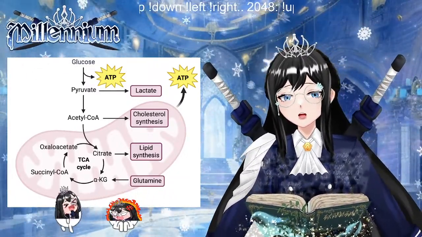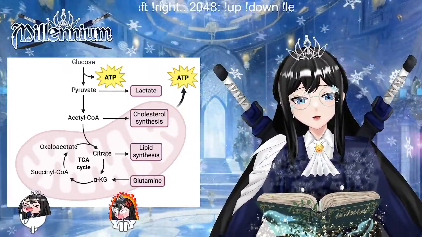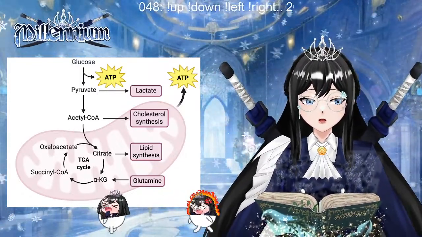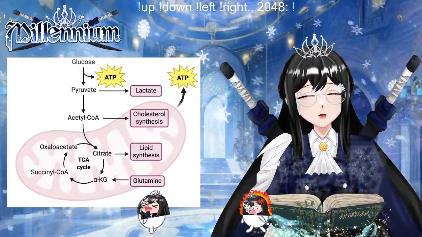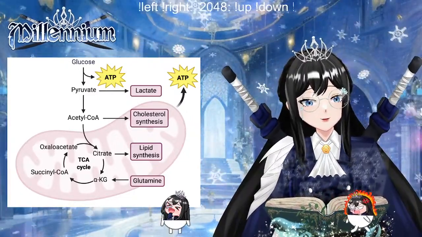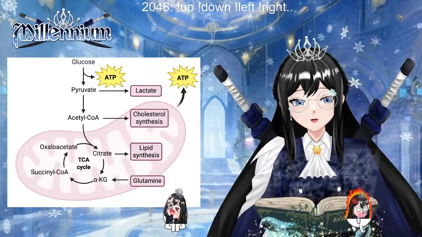The key takeaway is that in the presence of oxygen, glucose is broken down step by step into smaller molecules in the form of ATP. So far it's true, and it becomes ATP.